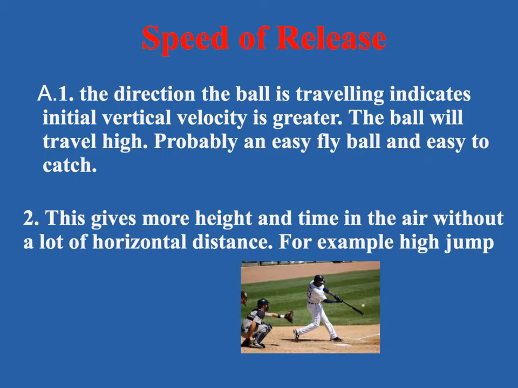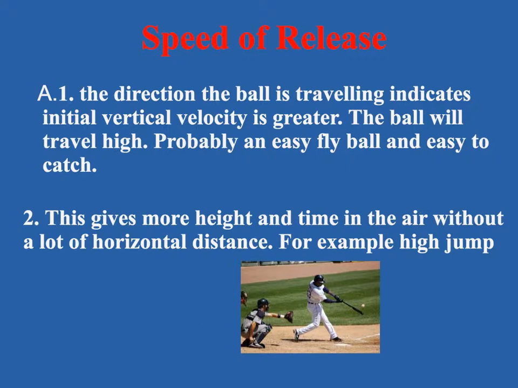Okay, here we are. We've got that picture again. So you can see the bat, the angle of the bat and the speed of release, there's an initial vertical velocity and vertical speed, and there's a horizontal speed, and it's the combination of them both.